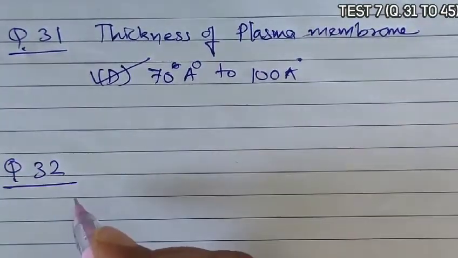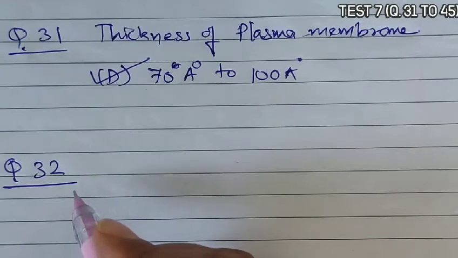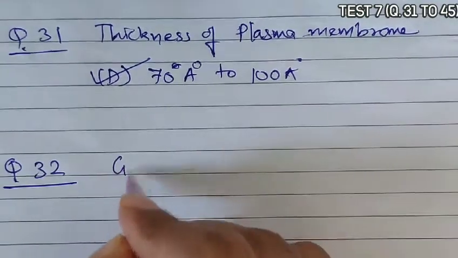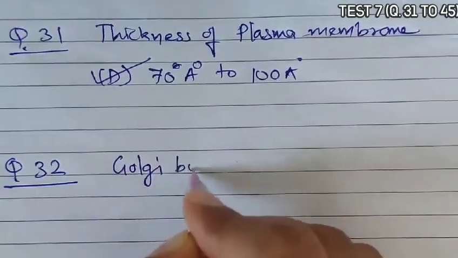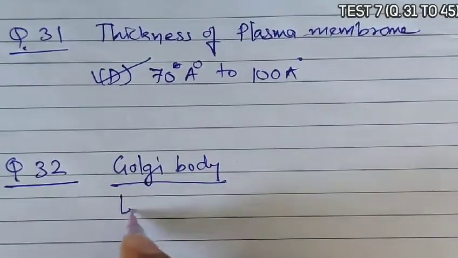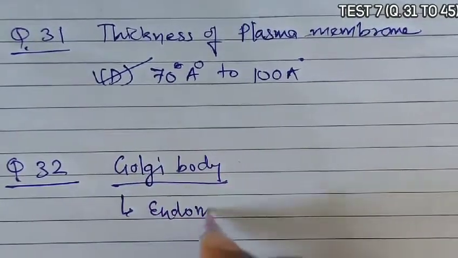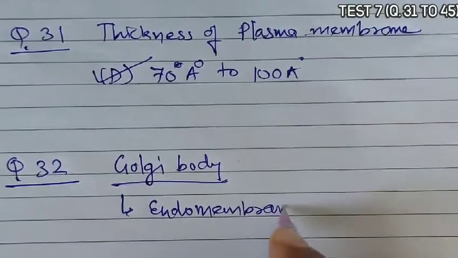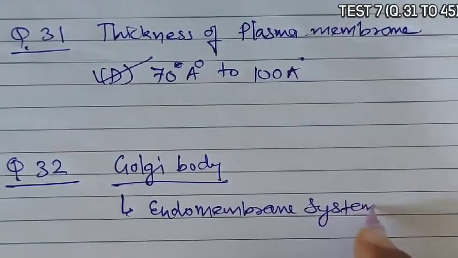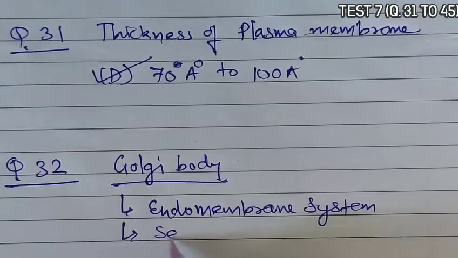Next is question 32. It asks that what are synthesized by Golgi body. Actually, you know that Golgi body is a part of endomembrane system and has a role in secretion.